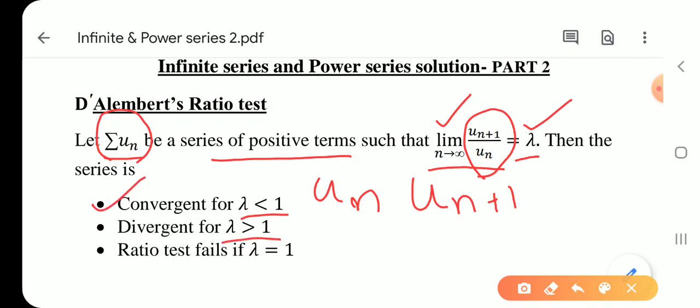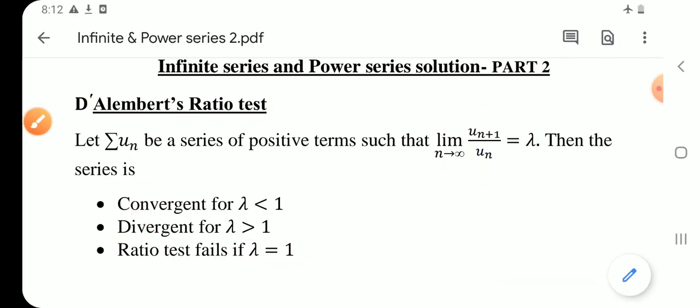If the value of lambda is greater than 1, then the series is divergent. The test fails if it is equal to 1. When you apply the limit, the value should be either greater than 1 or less than 1 to be convergent or divergent. If you get exactly 1, the ratio test fails.